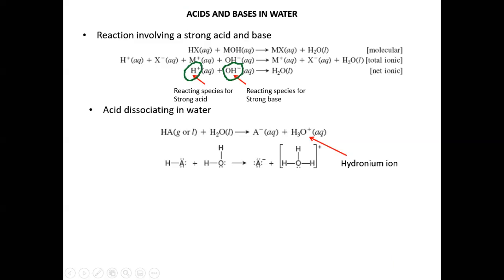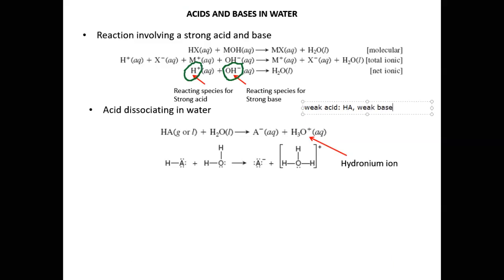The way this differs is for a weak acid, the reacting species is HA. And for a weak base, typically it's like B-. But for strong acid, the reacting species is H+.